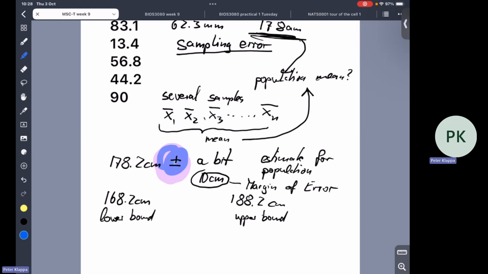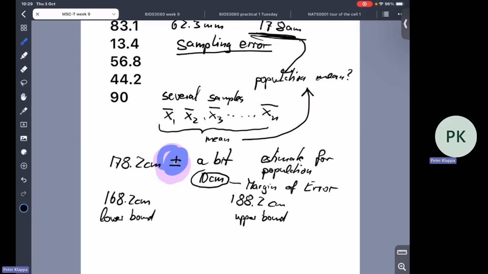I have plus minus. This means that it is sort of symmetrical. So 168.2, 10 centimeters is the 178.2, and this then is also 10 centimeters, 188.2.